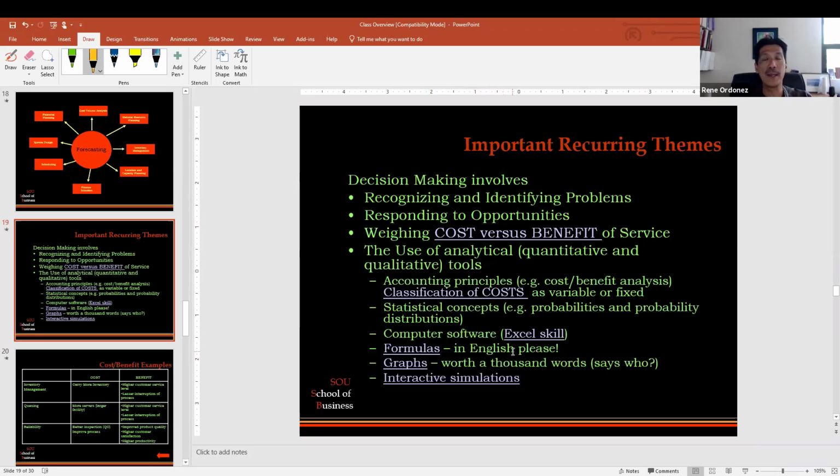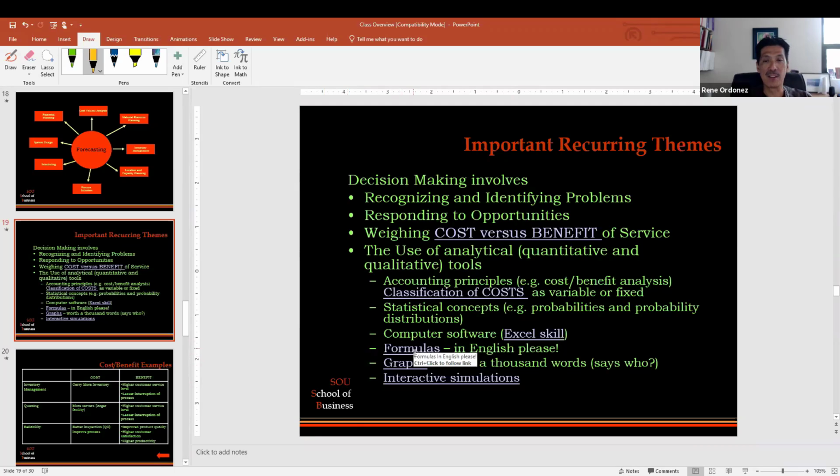So Excel will be a big part of this class, and that's because we will be using Excel to simplify the computational process.